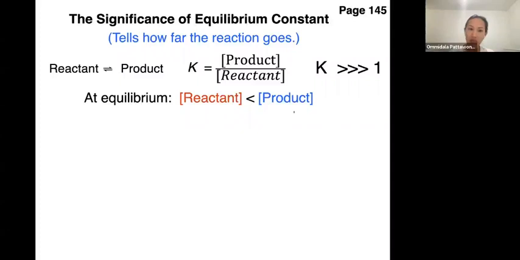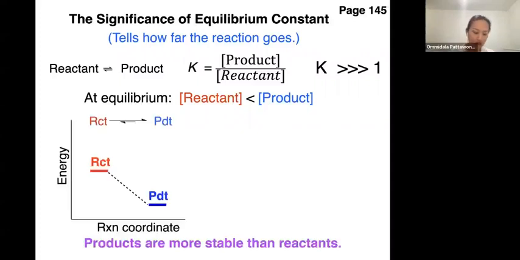Okay, so in this case, if you plot a graph, the energy diagram, the reaction coordinate diagram, what does it mean then? Well, if you compare the stability between reactant and product, you are going to observe more of the product at equilibrium because the product has lower energy than the reactant.